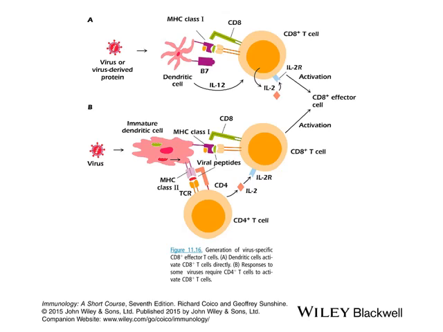Now, let's say we have a virus or virus-derived protein, and we have a dendritic cell, which is a professional antigen-presenting cell. It is going to take it in, present it on MHC class 1, and then the CD8 T cell will come and attach to it, and then they will have an effector response.